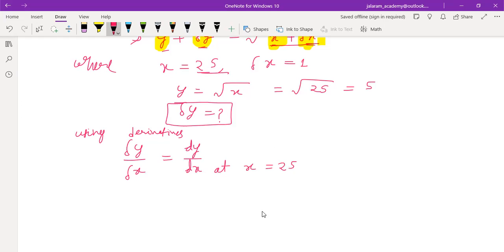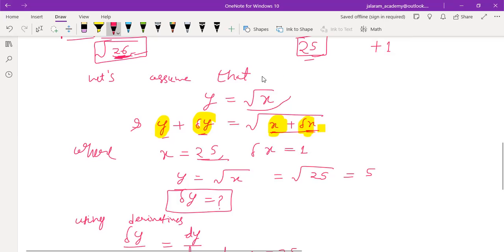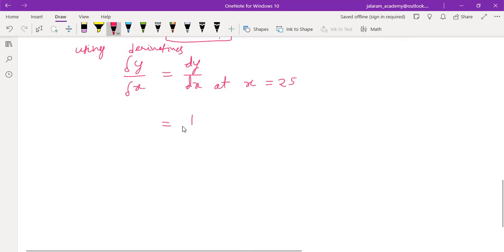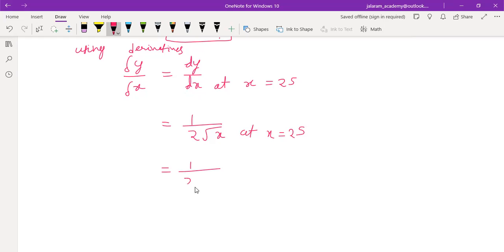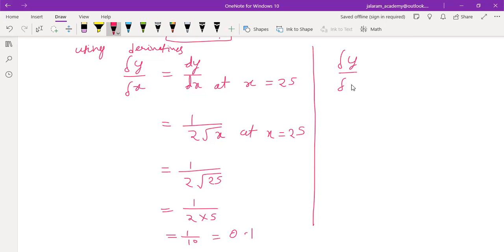Now y equals root x, so dy by dx equals 1 by 2 root x, and at x equals 25, that is 1 upon 2 into 5, equals 1 by 10, equals 0.1. So this is the value of delta y by delta x.